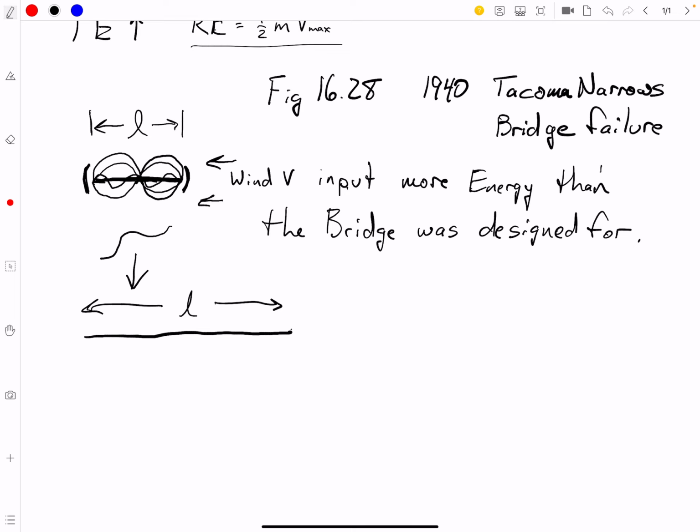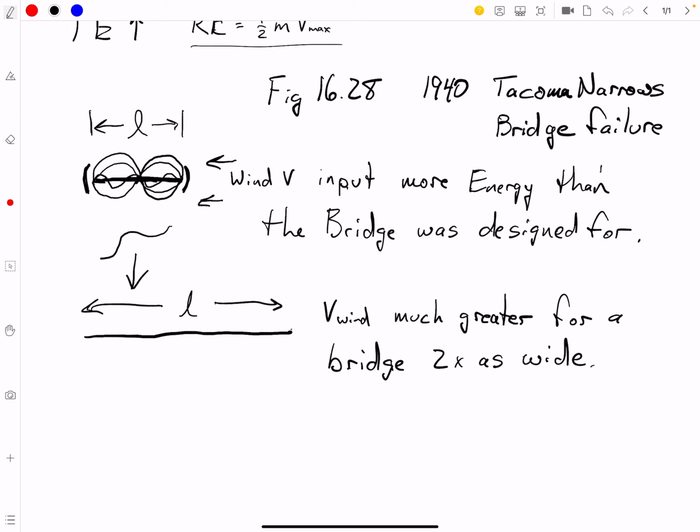The required winds would have needed to be far more velocity. The velocity of the wind would need to be much greater for a bridge 2 times as wide. Okay, much greater.